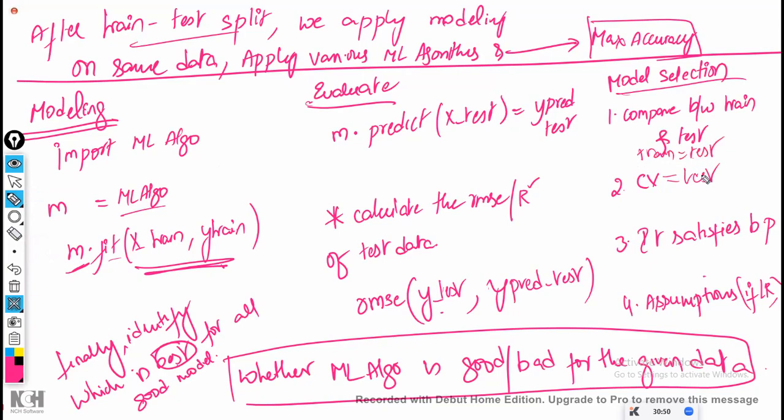And at the same time, the test accuracy should satisfy the business problem. Test we have to compare with everything. Whatever test accuracy we have got here, whether it is RMSE, R square, or accuracy, whatever it is, this should be compared. And then only we can conclude whether it is a good one or a bad one.